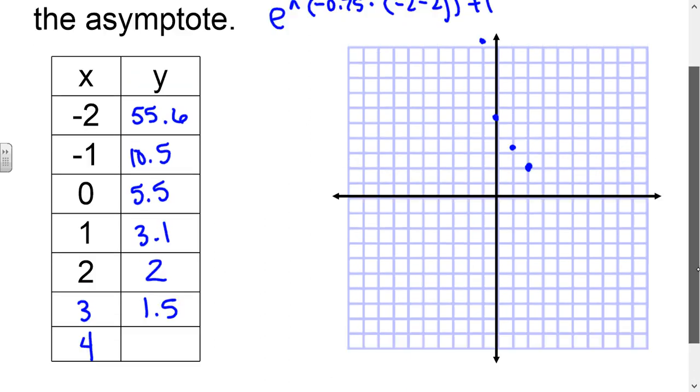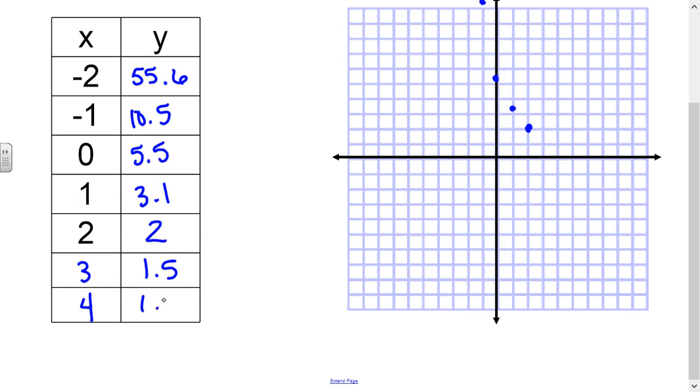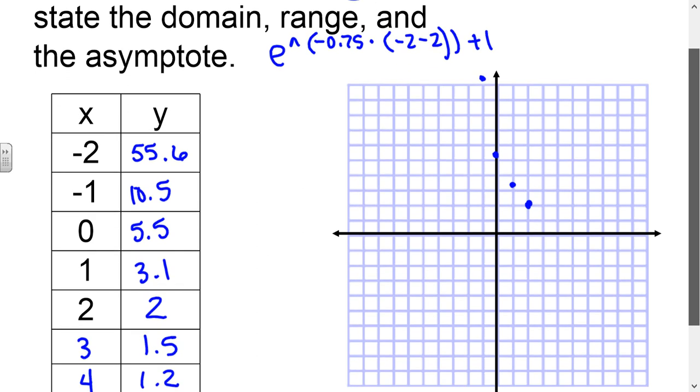And if we plug in 4 for x, then 4 minus 2 is 2. If I take 2 times negative 0.75, then I get negative 1.5. E to the negative 1.5 power, and then plus 1 would be about 1.2. Okay, so I'm going to graph these. So I have 3, 1.5, and then 4, 1.2, which is just a little bit lower than that.